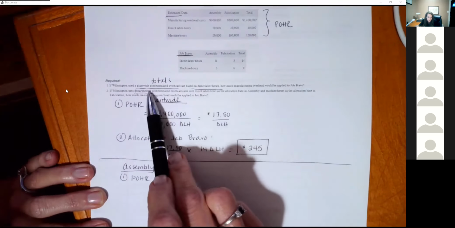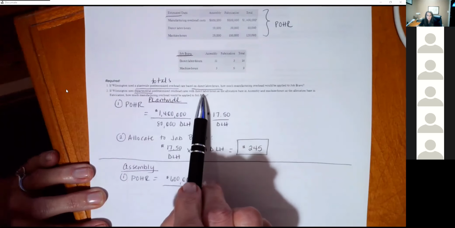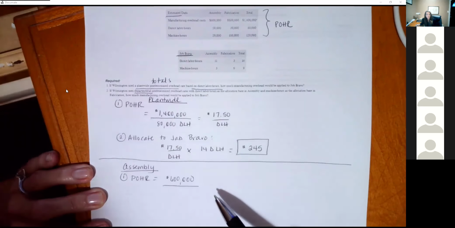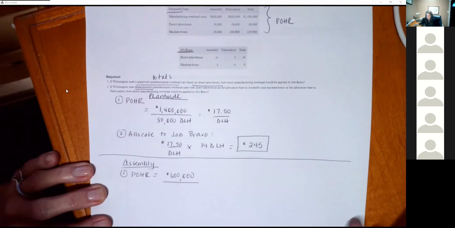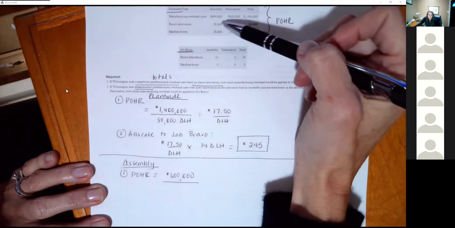What does it tell us here? We use direct labor hours as the allocation base in assembly and machine hours as the allocation base in fabrication. So what is my denominator for assembly? 50,000. Right, 50,000, this right here.